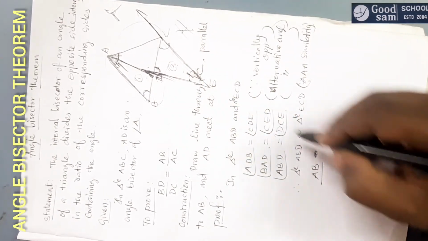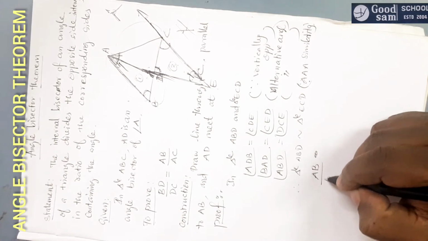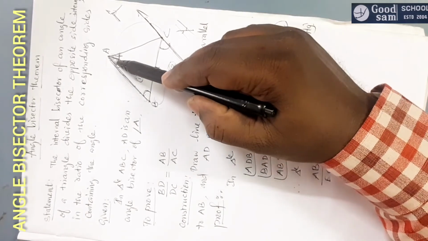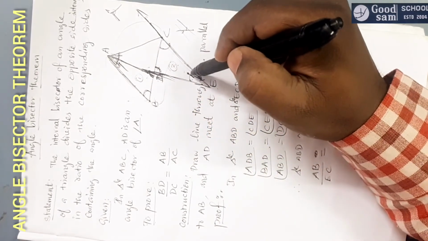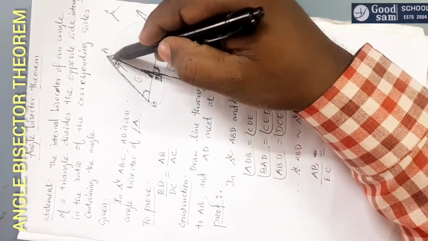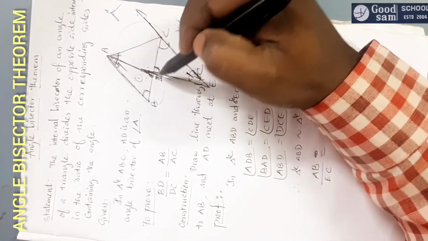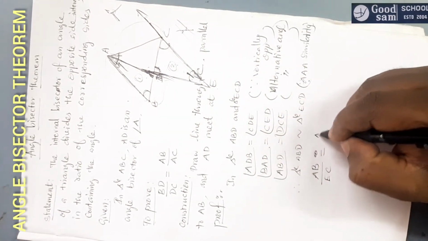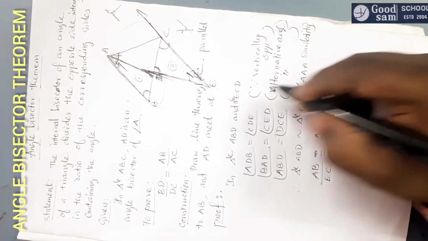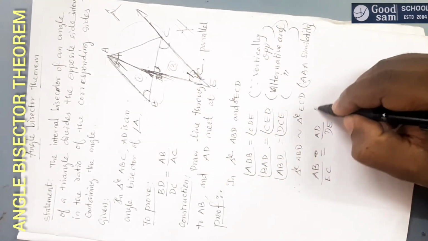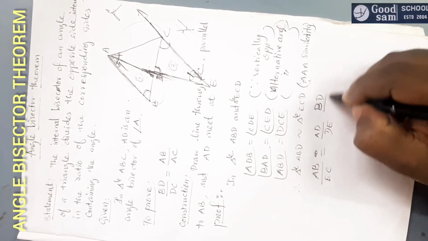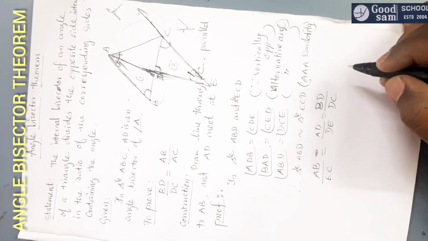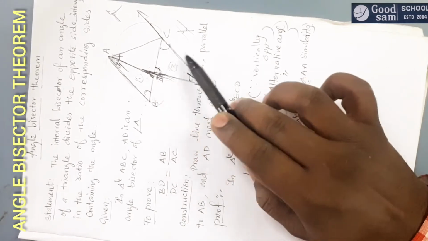AB by EC is equal to AD by DE, then this side BD by DC, because these two triangles are similar triangles.